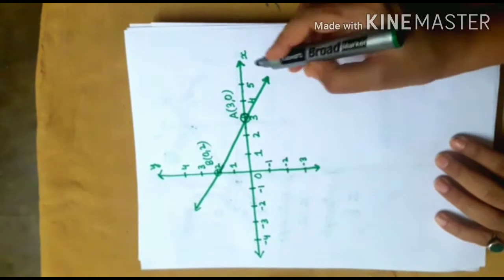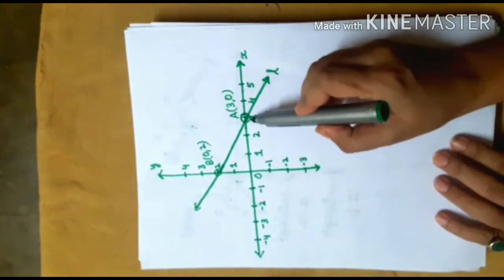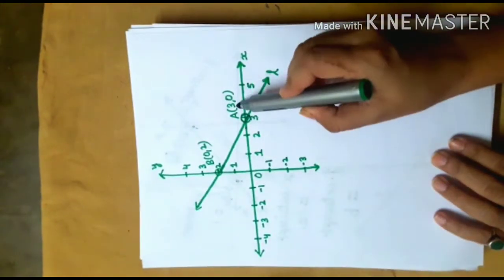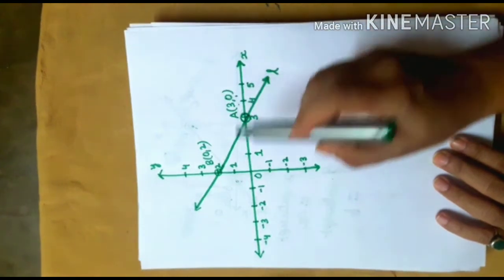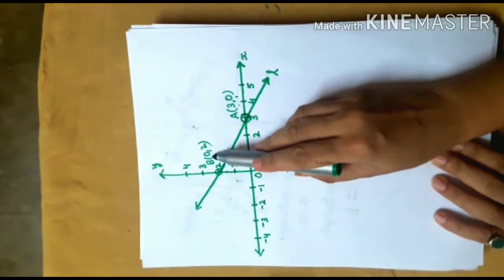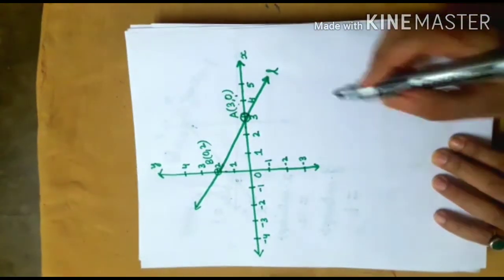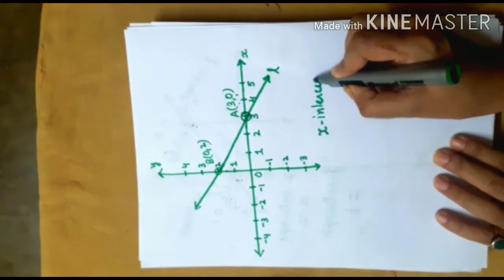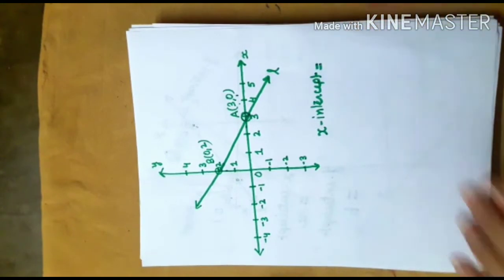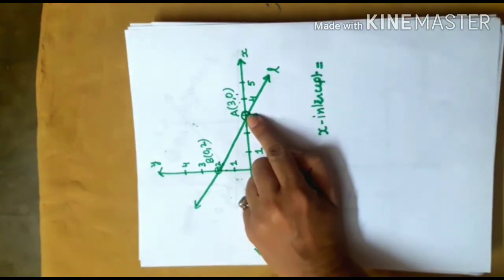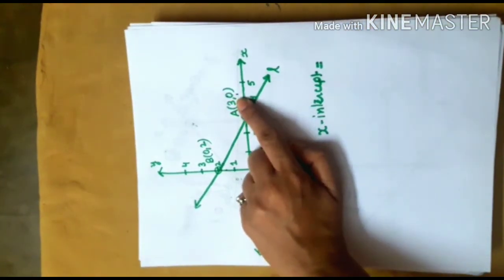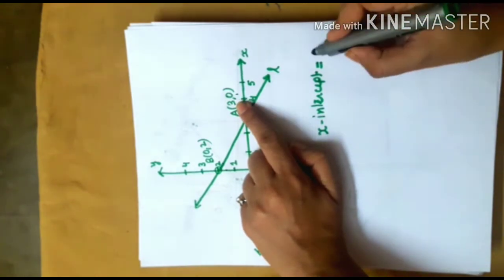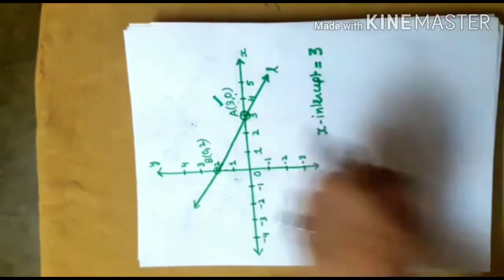Suppose we have a line L which intersects the x-axis at the point 3, 0 and the y-axis at the point 0, 2. If I ask you what will be the x-intercept? The line intersects the x-axis at this point, so x-intercept will be 3.